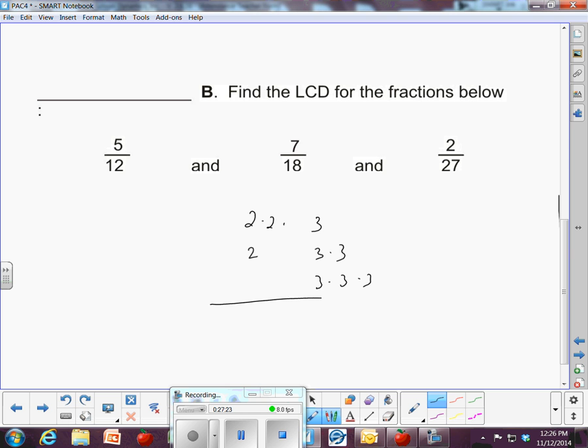What's the LCD? The LCM of the denominators? 2 times 2 times 3 times 3 times 3. So 2 squared times 3 cubed is the LCD, or 108. That is the lowest common denominator.